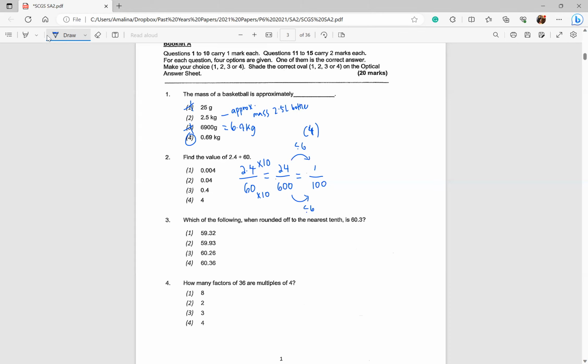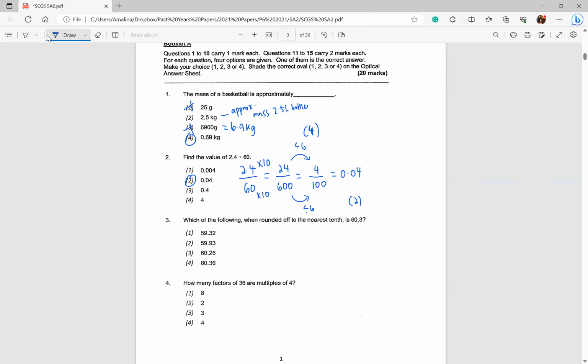I get 4 over 100, which is the same as 0.04. So my answer is option number 2, because decimals always have 10, 100 or 1,000 as the denominator.